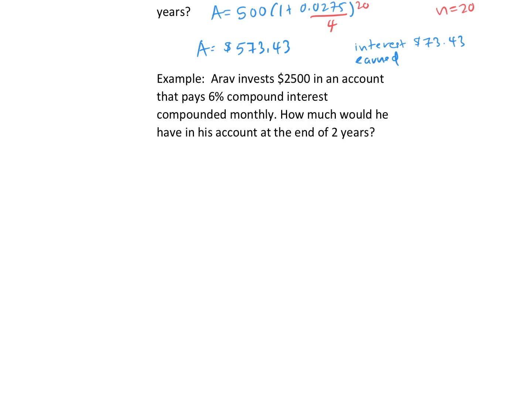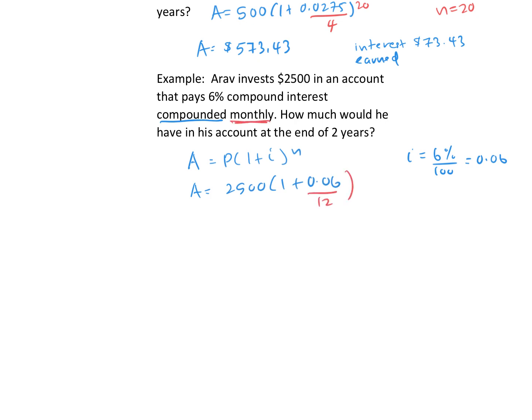Okay, last question. Again, I see the word compounded. So the original investment is $2,500. The interest is 6%. So let's change that to a decimal. It is compounded monthly, so we're going to divide that by 12.